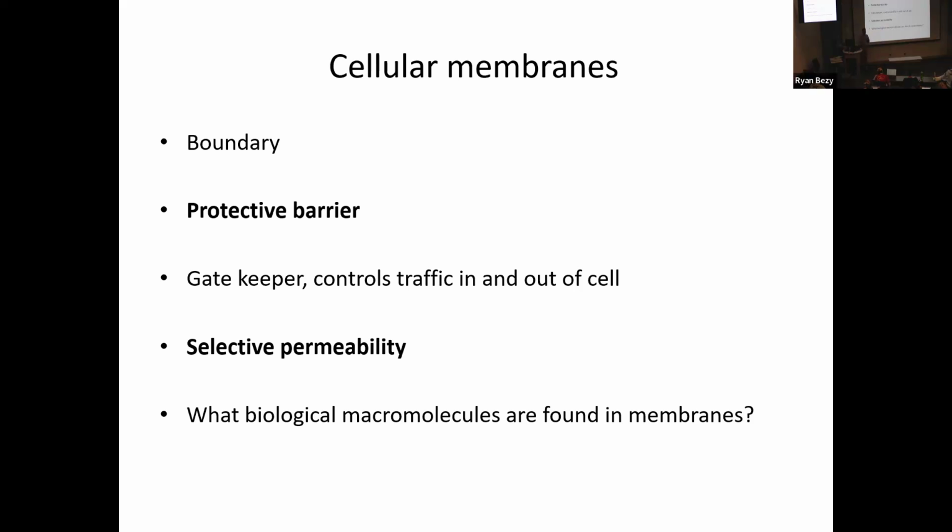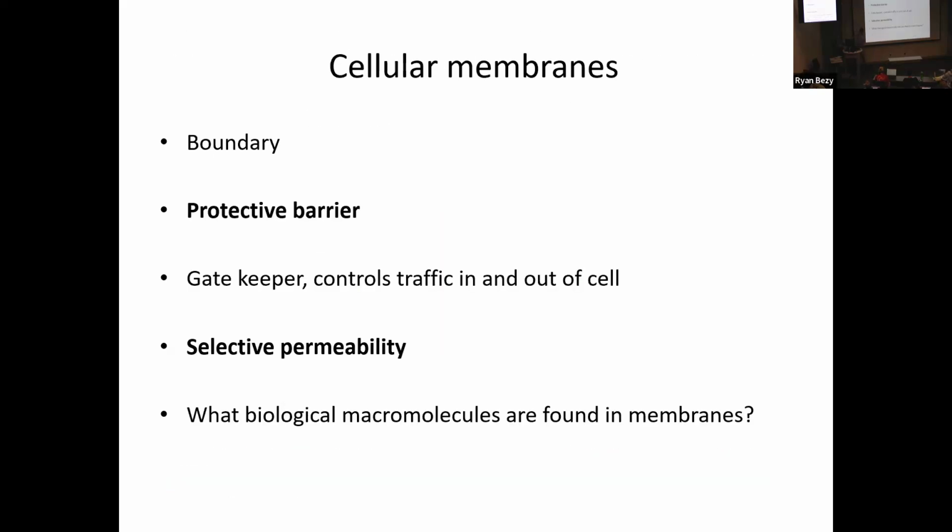Permeability is just referring to what can go in and out, but it is selective in what can get in and out of the cell. So these membranes are going to have what's called selective permeability. We're going to talk about why that is the case here. And we're going to talk a little bit about the structure of the membrane, and more specifically, what biological macromolecules are found in the membrane as we go through this.